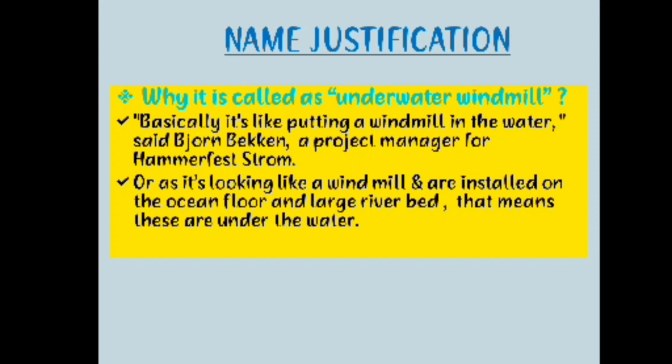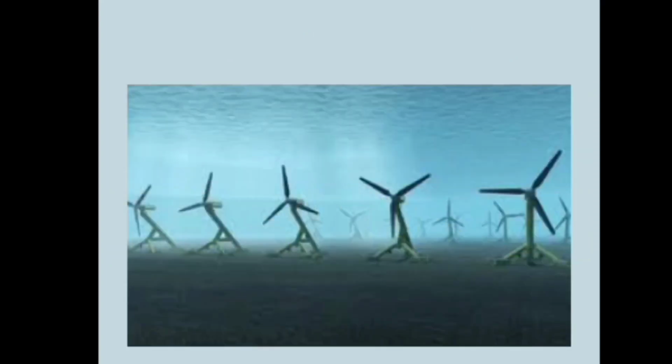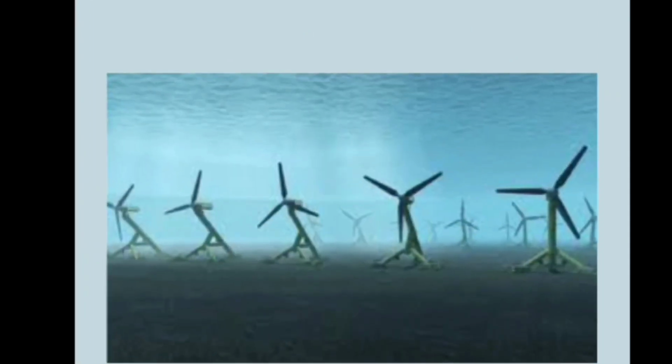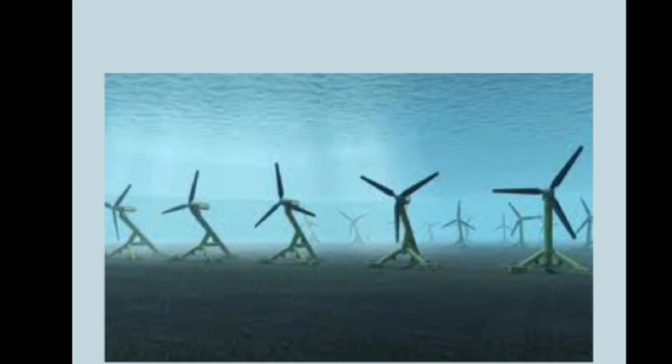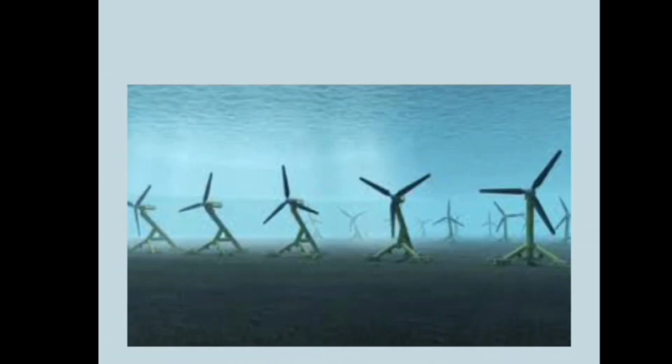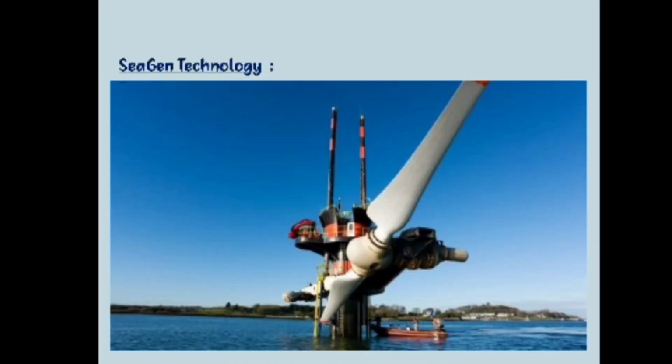This name underwater windmill was given to this device. We can see the symbolic representation of the underwater mill, which is installed under the water. This is a season technology which is kept in the oceans for controlling the downward turbines.